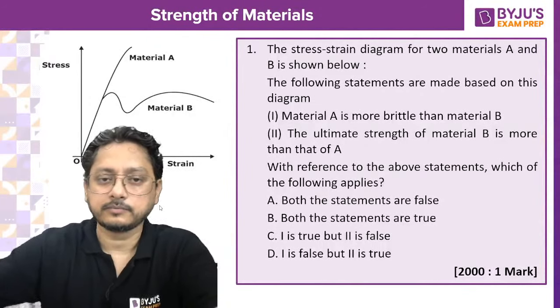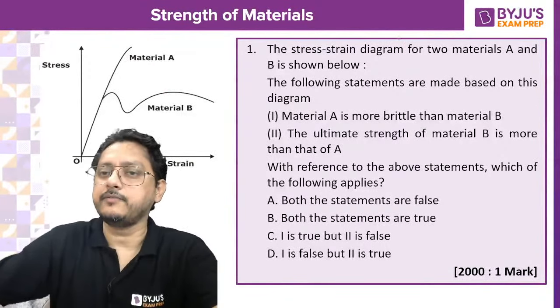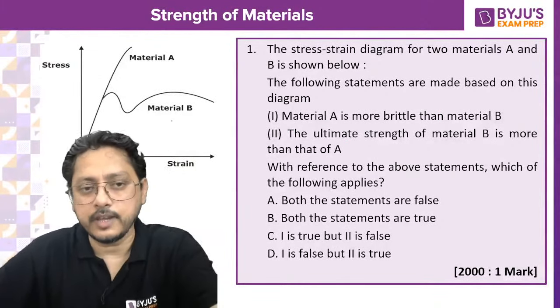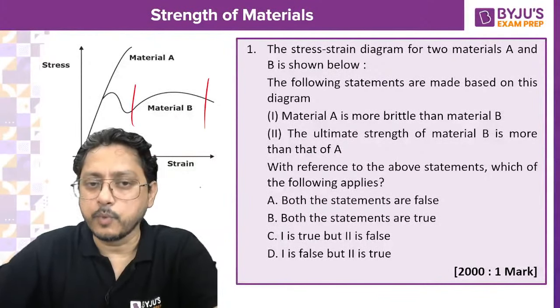The stress strain diagram for the two materials A and B is given, from the first chapter only. The following statements are made based on the diagram. Material A is more brittle than material B, and the ultimate strength of material B is more than that of A. It is very obvious that whenever you have ductility, the material is more ductile.